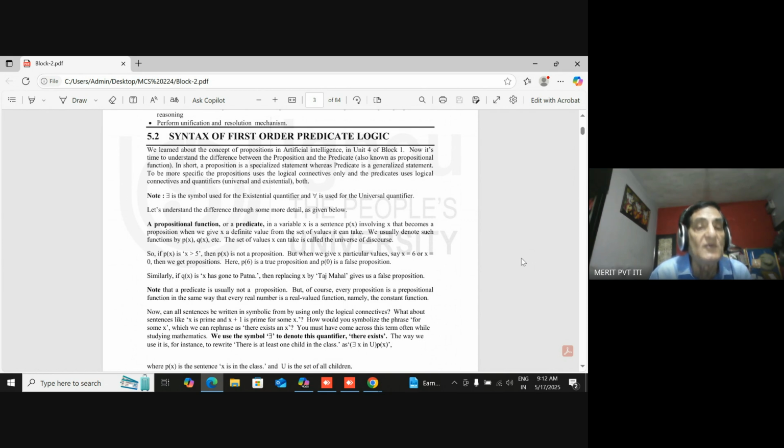We learnt about the concept of propositions in artificial intelligence in unit 4 of block 1. We studied it, propositions in this. Now it is time to understand the difference between the proposition and predicate. What is the proposition and what is the predicate?